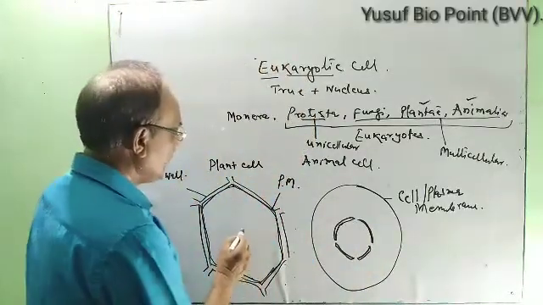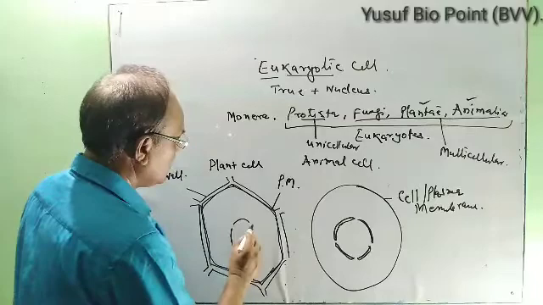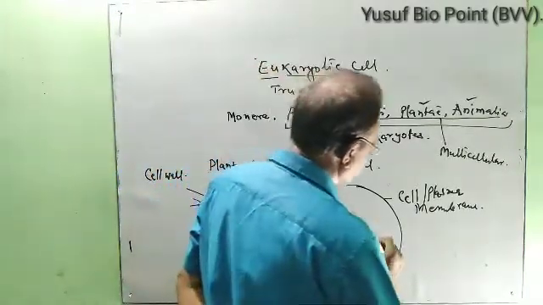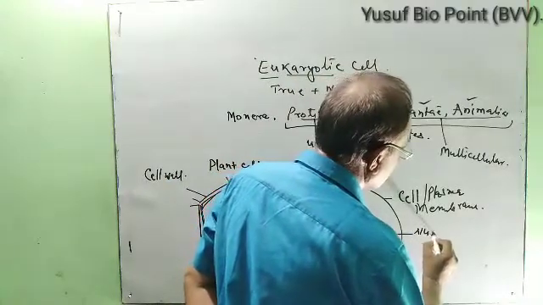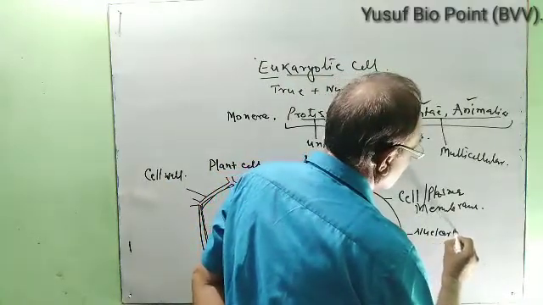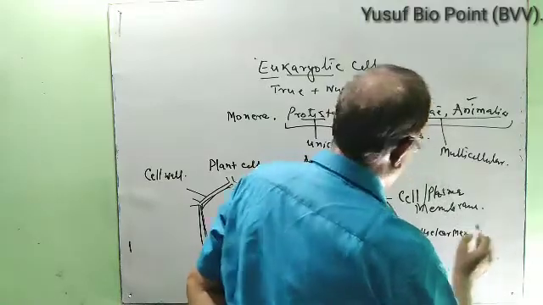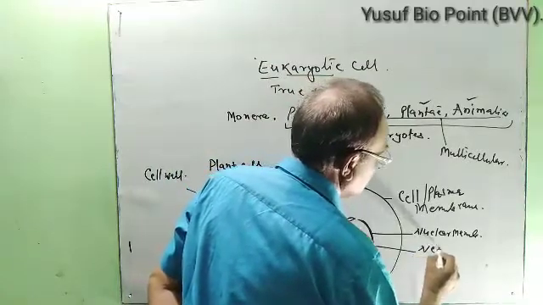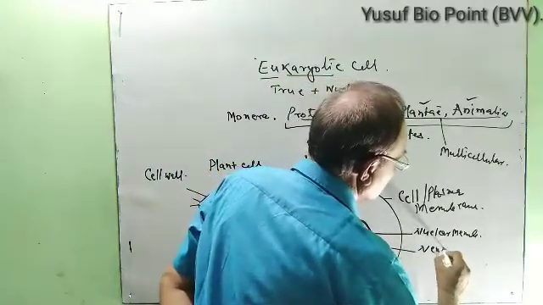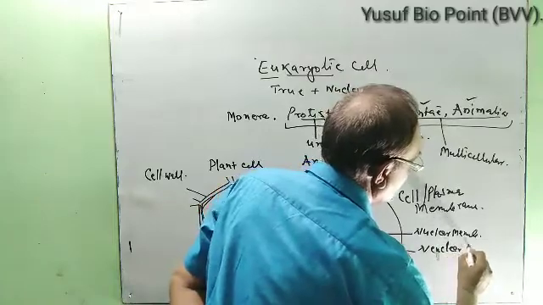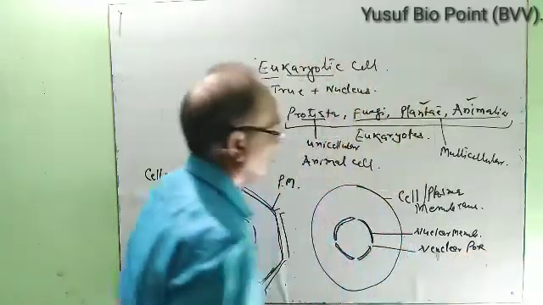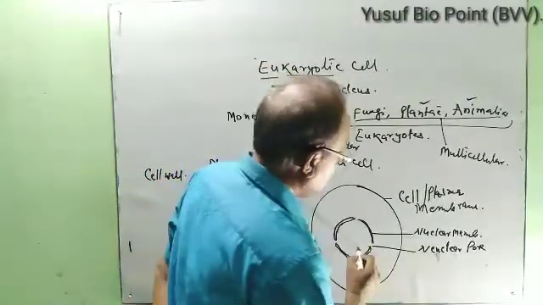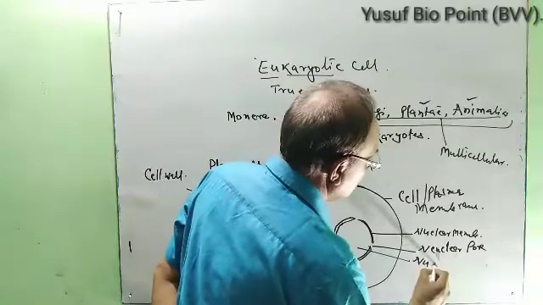In the nucleus, the outermost structure is the nuclear membrane. There are some pores, that is the nuclear pore. Inside, the liquid material is called nucleoplasm.